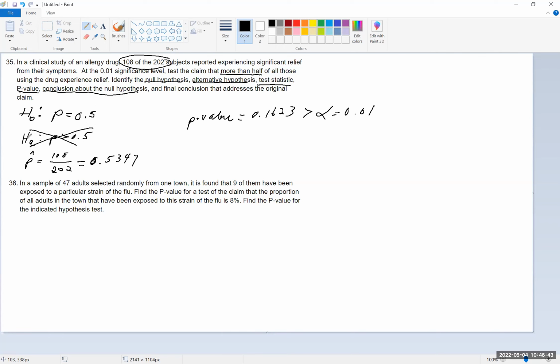Now, the other one is very similar. So it's good to make note of the null hypothesis and the alternative hypothesis. We'll write down the n and the x here in a minute. We want to test the claim that the proportion of all adults in town that have been exposed to this strain of flu is 8%.